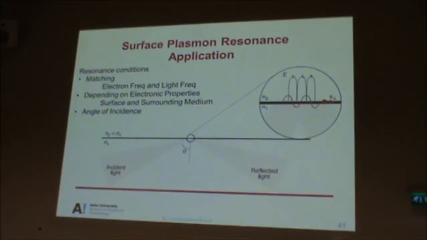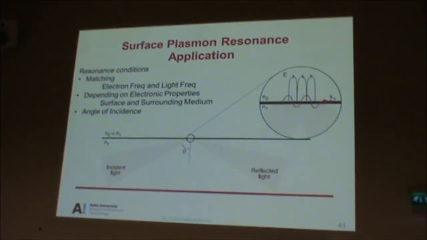Depending on the angle, you have surface plasmon resonance happening, and it creates electric fields that oscillate on the surface. Now, the resonance condition depends, as I said in the previous slide, on a lot of factors, one being the metal itself, the other the surrounding medium. So if there is a change in the surrounding medium, then the resonance condition changes.